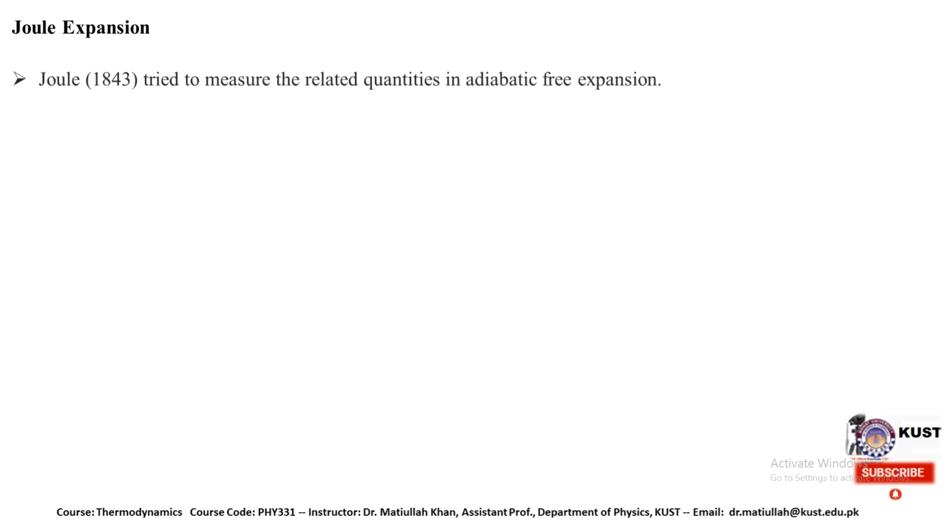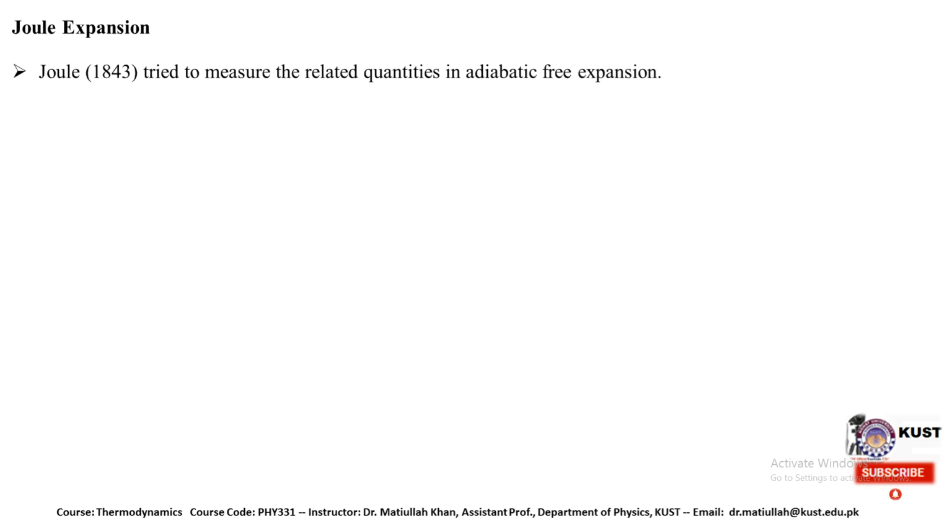So there are different experiments performed by different scientists. One of the scientists who tried to understand this mechanism was Joule, and this process is called the Joule expansion process. He tried to measure the quantity in adiabatic free expansion.